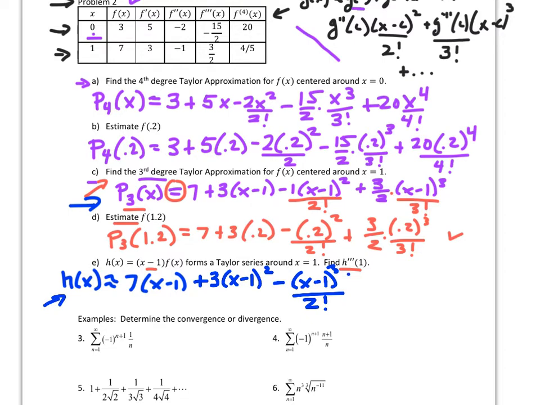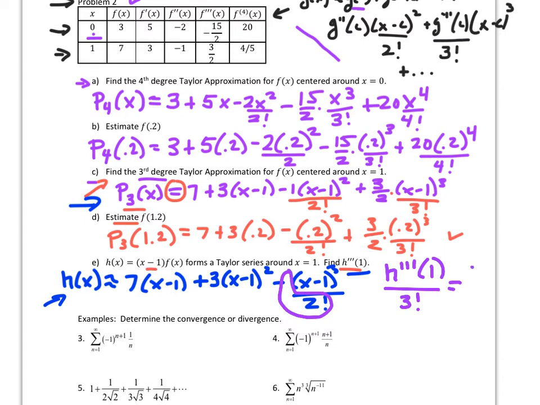And so when I want to find h triple prime of 1, well, that deals with my coefficient that's out in front here. And so the coefficient and the 2 factorial. Okay, so we know that h triple prime of 1 divided by 3 factorial is going to be now equal to whatever this coefficient is right here.